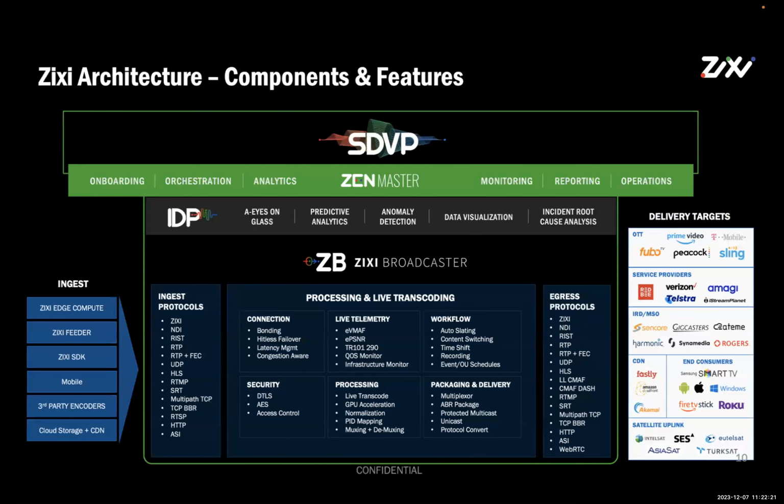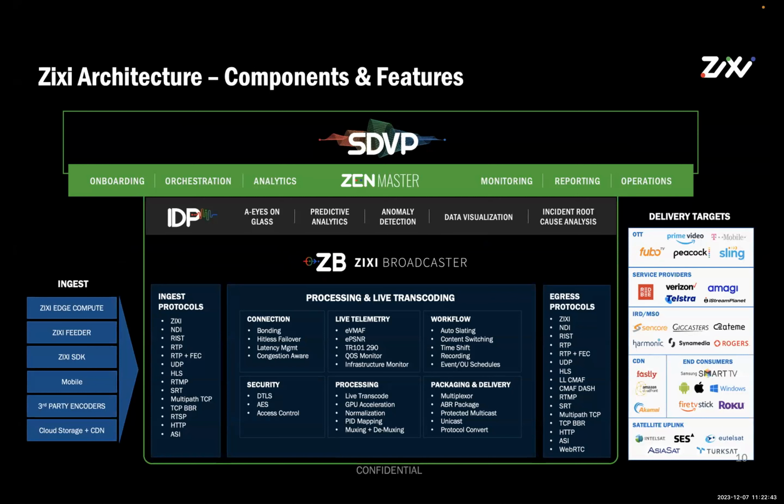So what is it that the platform does? What are the components and features? Well, just some of them are highlighted here on this slide, but essentially there are many different ingest methods to get into the platform, whether it's Zixi software, Zixi Edge Compute, Zixi Feeder. We have the Zixi SDK, which is something that can be taken and embedded into different devices.